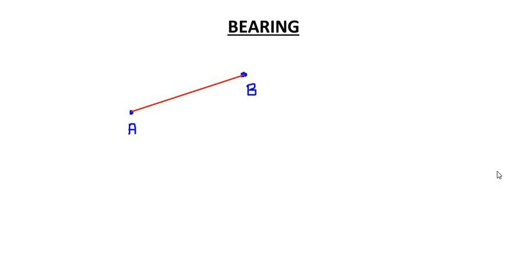And the next thing is, if the question is being asked to find the bearing of B from A, whichever letter comes after the from, we need to consider that point. So from A means we need to come and look at the A.